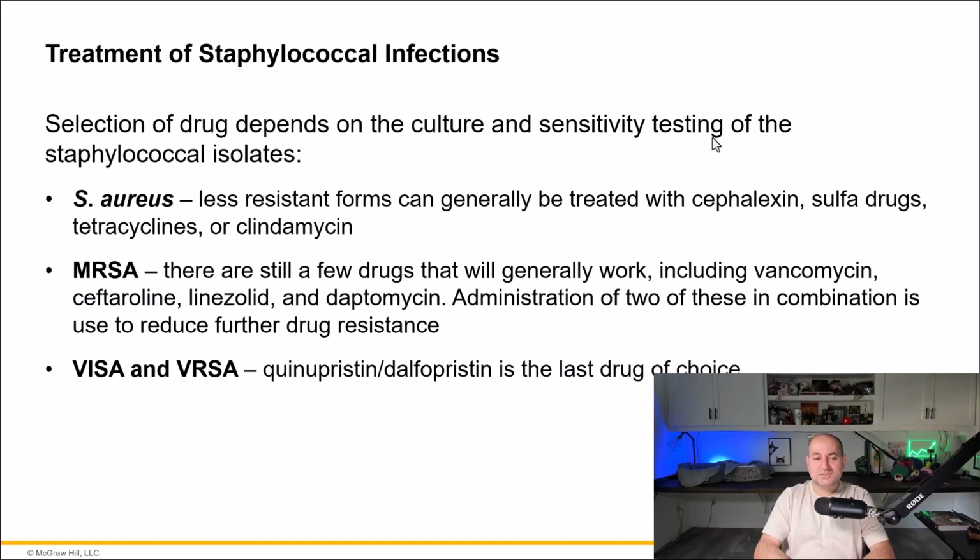However, like I said, there are new strains of staph, including VRSA and VISA, and these are essentially resistant to everything, though quinupristin and dalfopristin are the drugs of choice. They're the last bastion that we have to reach for to try to treat these VRSA and VISA infections, which are highly resistant forms of staph.